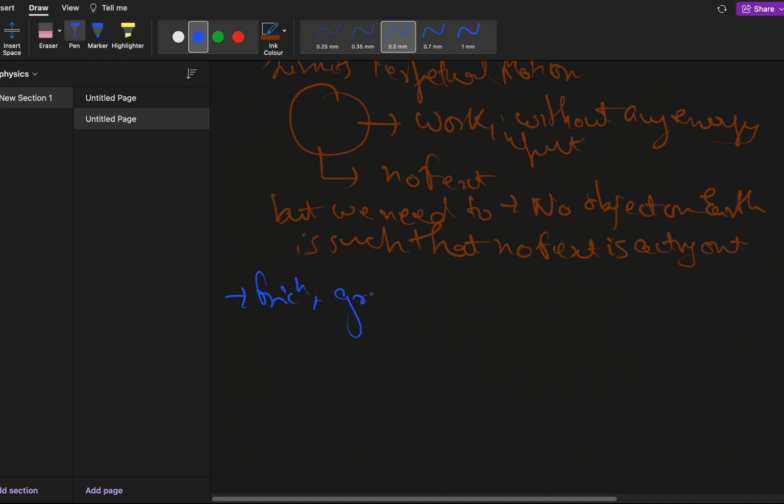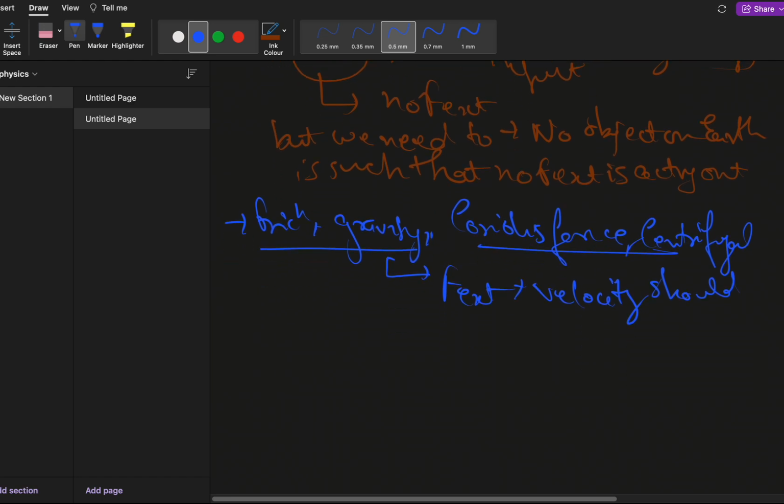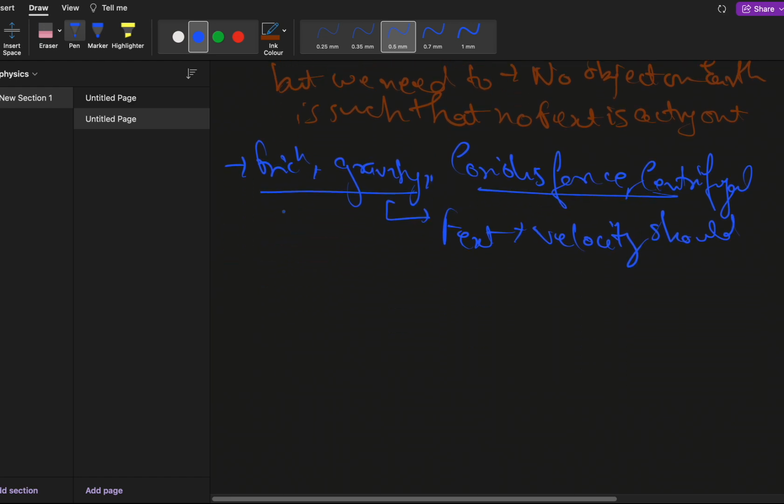Gravity is also a type of external force. There are also the Coriolis force and the centrifugal force acting on the earth's surface. I will be explaining these forces in the upcoming lectures; they are external forces which act on every object. Since force is acting on the objects, the velocity should change as per the first law. In this way we can see real life examples of the first law of motion.